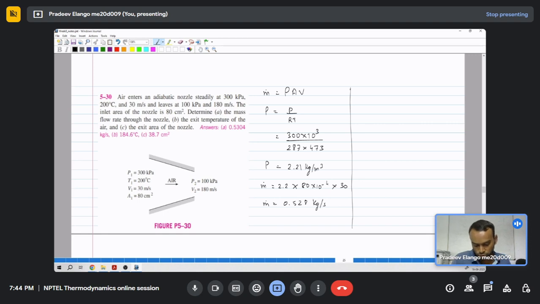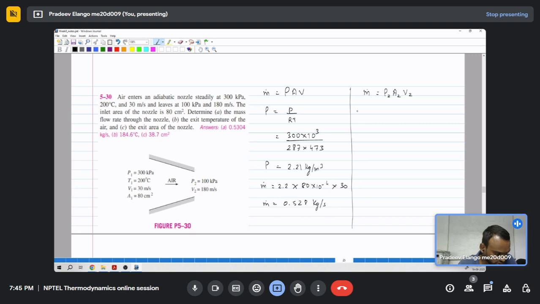Now the second part is to find the exit temperature of the air. So we know m dot will be the same at steady state at the outlet as well. So m dot is equal to rho 2 A2 V2, and rho 2 we know is P by RT.